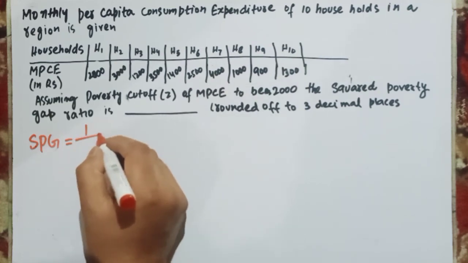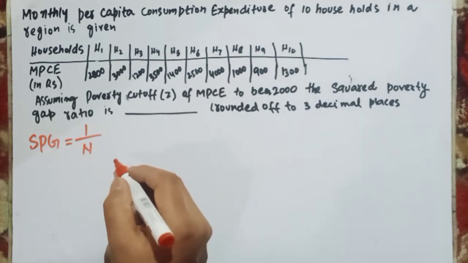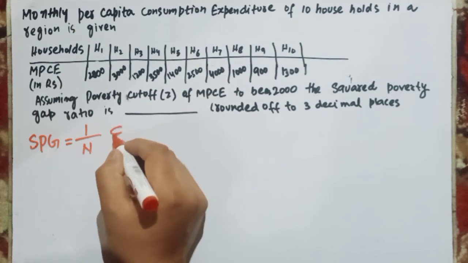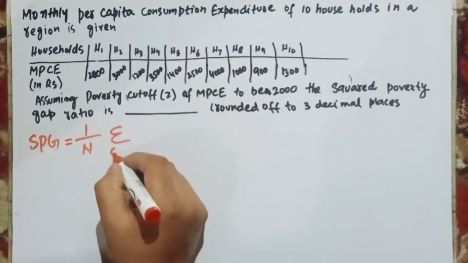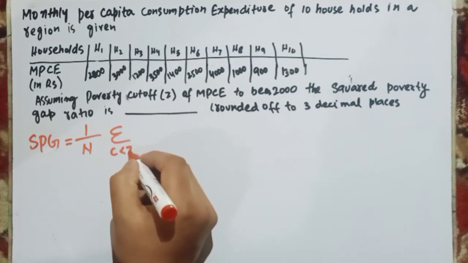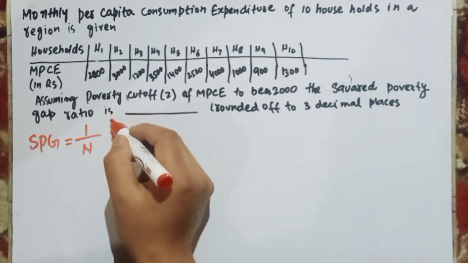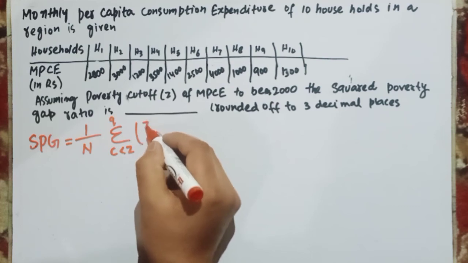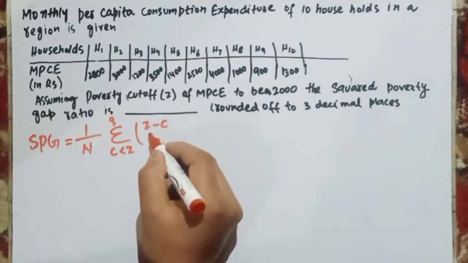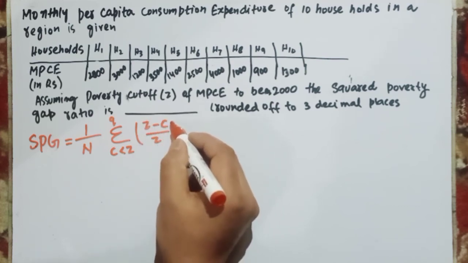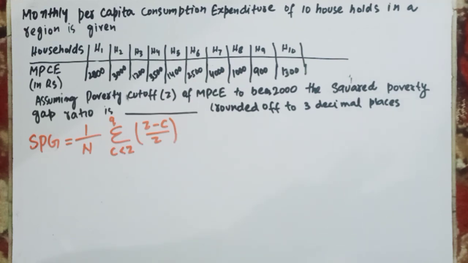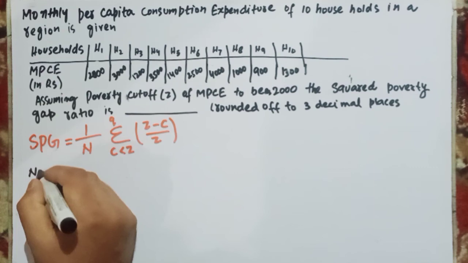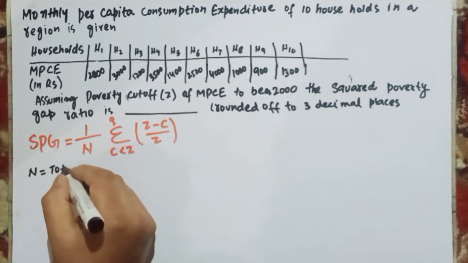We have 1 upon n, a summation of C less than Z to Q, then we have Z minus C upon Z. Okay, now what does this mean? N denotes, N is the total population.